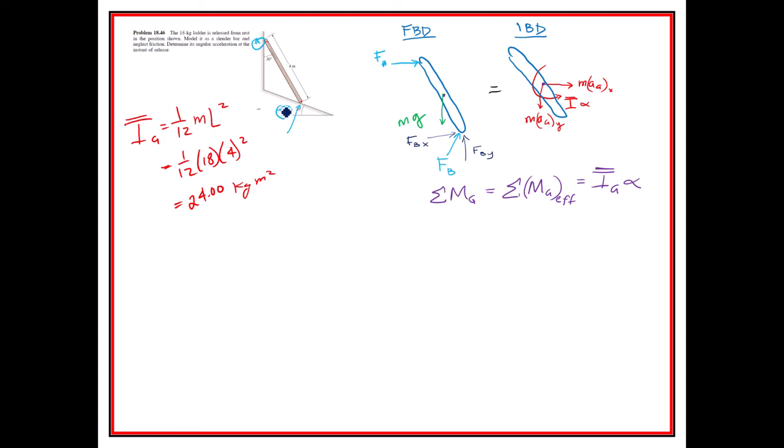And then I might also want some references right here, because this is 20 degrees. So I'm thinking that's 20 degrees. And that right there is 30 degrees.